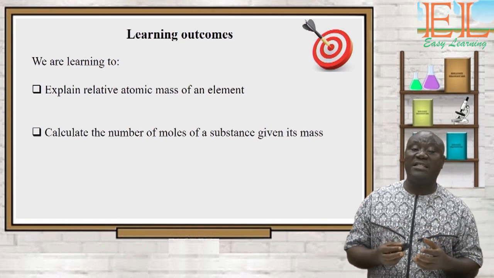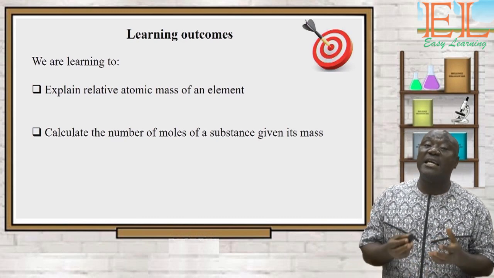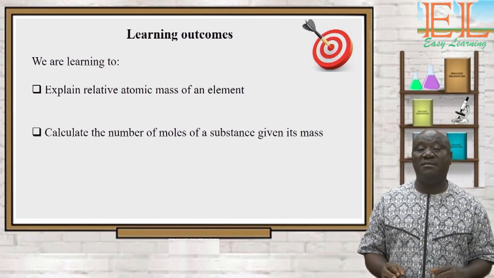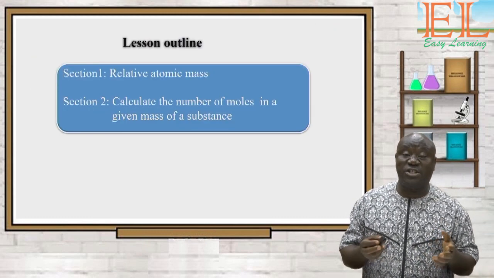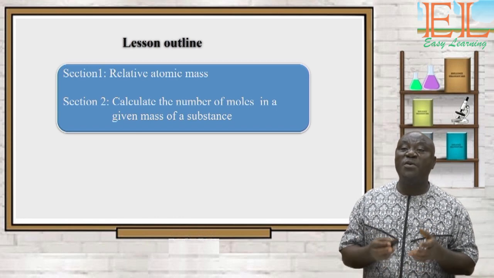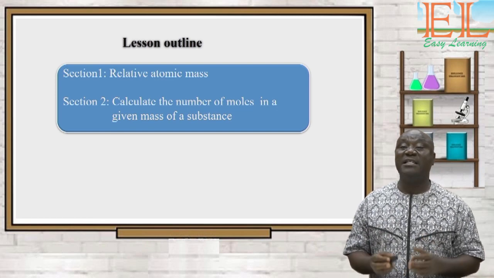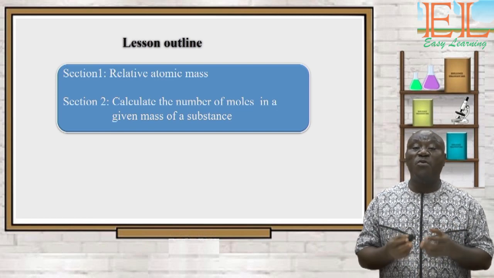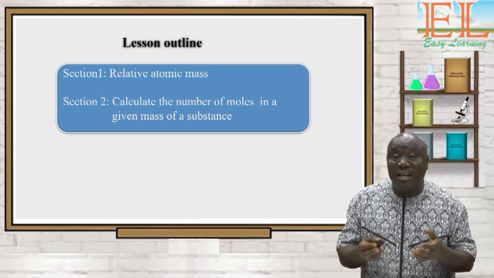Then we will calculate the number of moles or amount of substance in a given mass. The lesson has been structured into two sections. In section 1, we will be looking at relative atomic mass. In section 2, we will calculate the number of moles in a given mass of a substance.